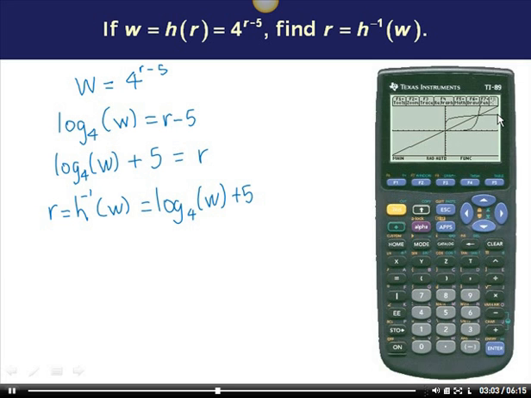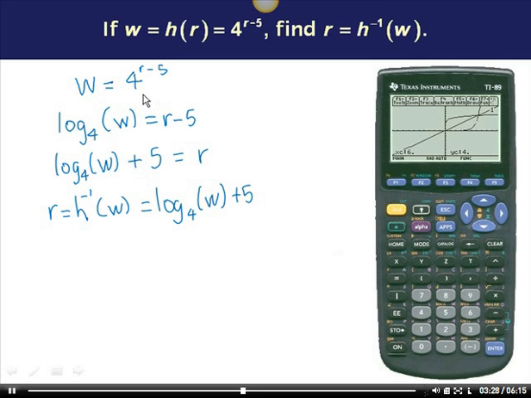I graphed the exponential function under y1. So I'm going to go into the trace mode. It says I'm on the first graph, so that should be my exponential. And I said I'm going to put in 6 for x. I get out 4 for y.